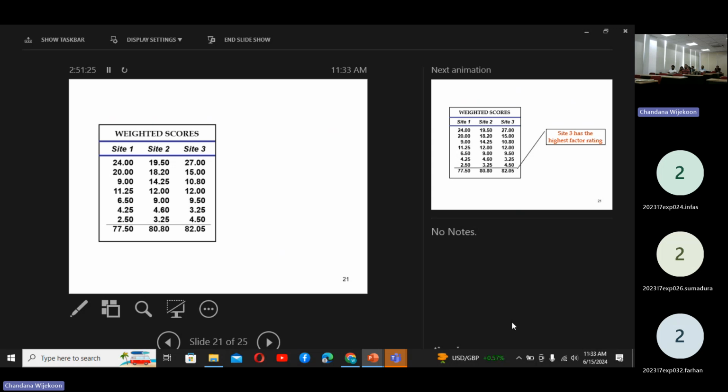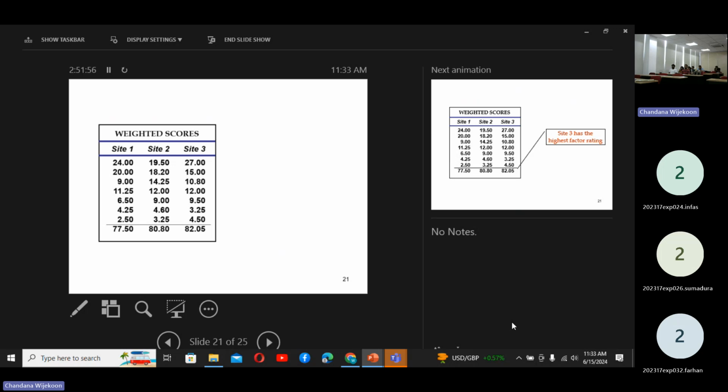And then based on the total weighted score, we can recommend which site is preferred. Of course, what should be the decision? The site that has the highest weighted score. So likewise, the technique is called location factor weighting method.